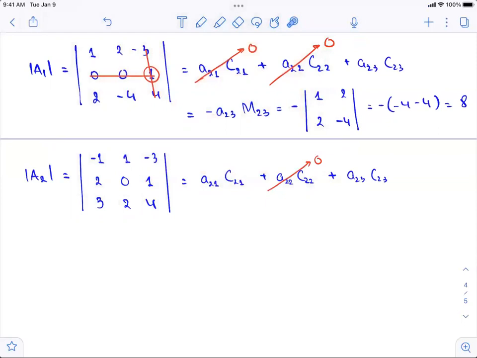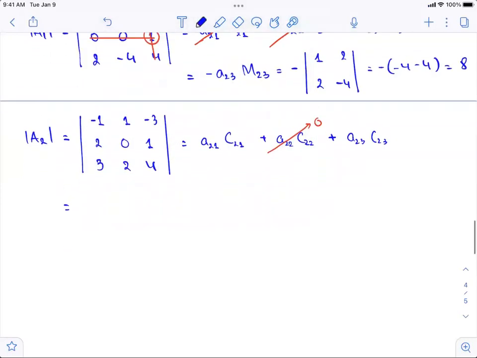Now for the cofactors, the corresponding minors, we start with plus, minus, so this is 2 times negative M21, right? 2 because A21 is this entry. So this is plus, minus, plus, minus.